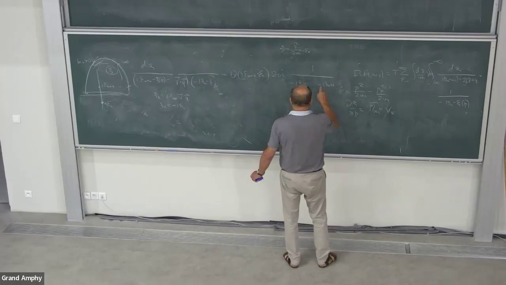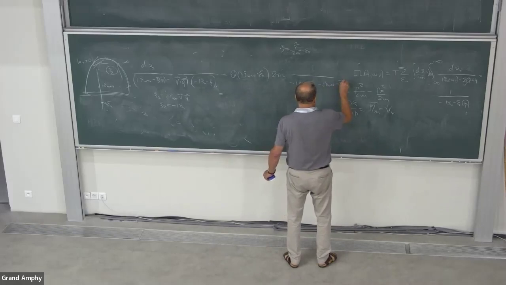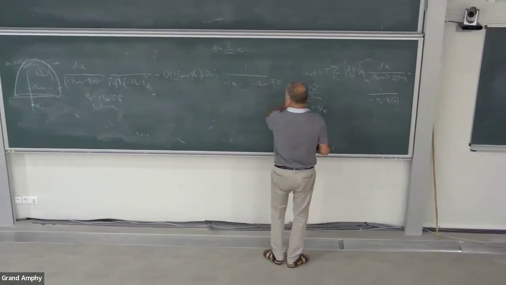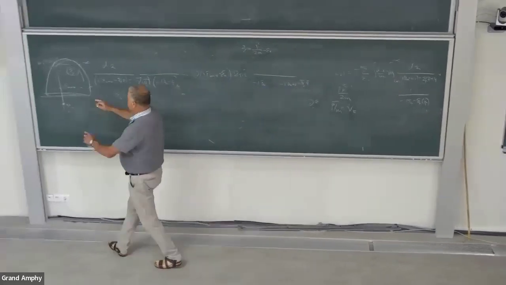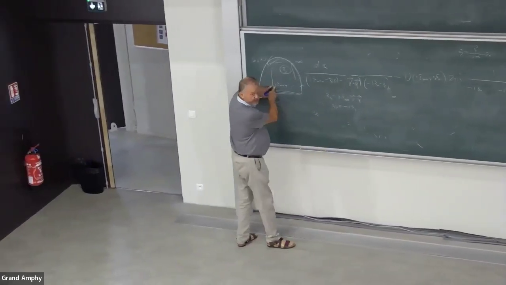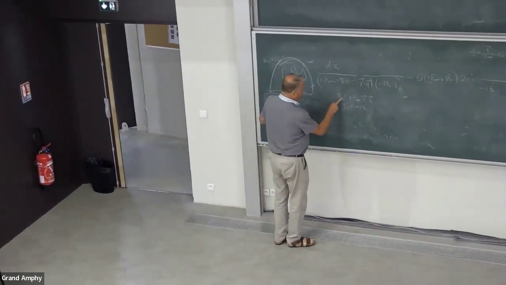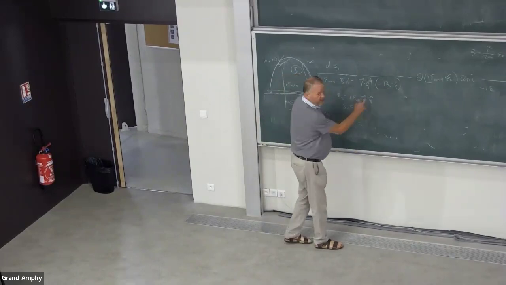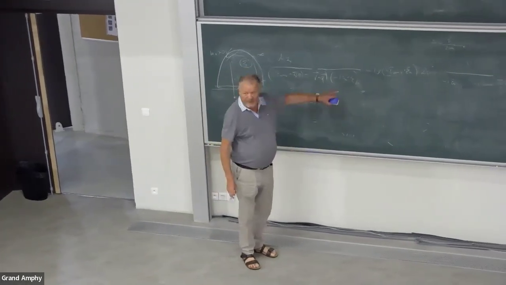So here minus minus, and epsilon n and minus i. So I took this value of xi at this pole, this one, and put it here. Okay?